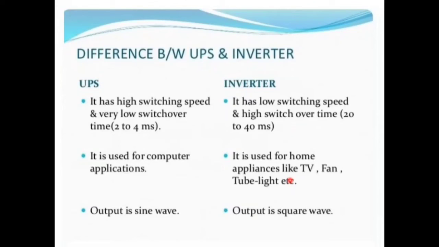The UPS has high switching speed and very low switch over time, that is 2 to 4 milliseconds. The inverter has low switching speed and high switch over time, that is 20 to 40 milliseconds. UPS is used for computer applications, but compared to that, the inverter is used for home appliances like television, fan, and tube light.